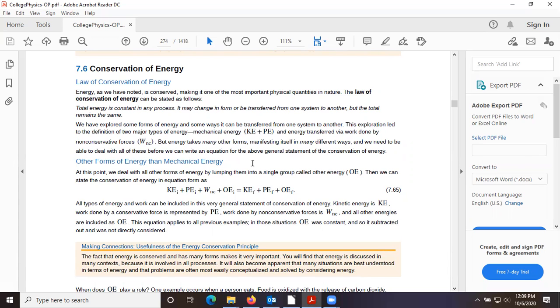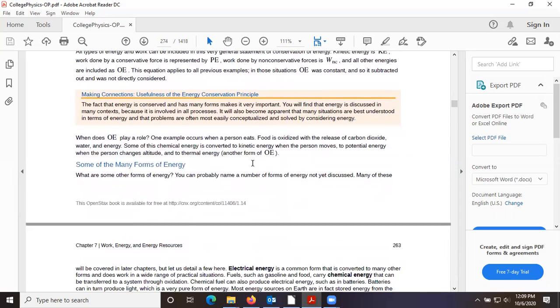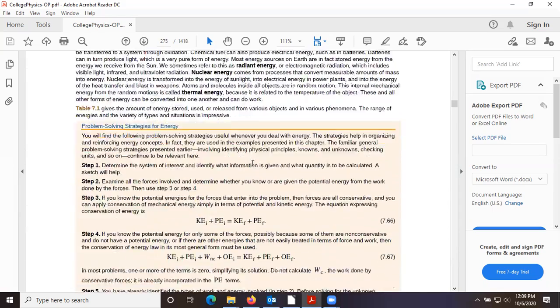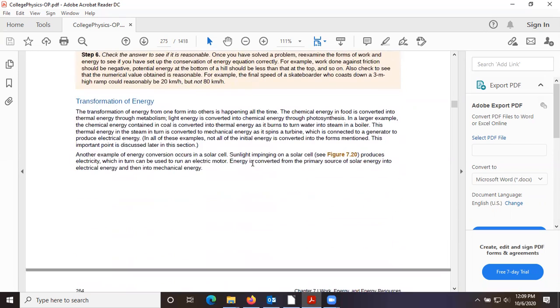So a lot of the systems you'll see in physics are kinetic energy, potential energy only, and we ignore the effects of the other, because you're always going to lose something. Always.